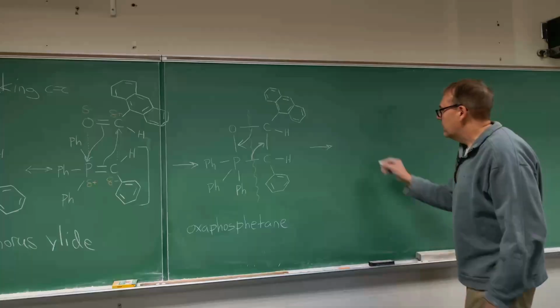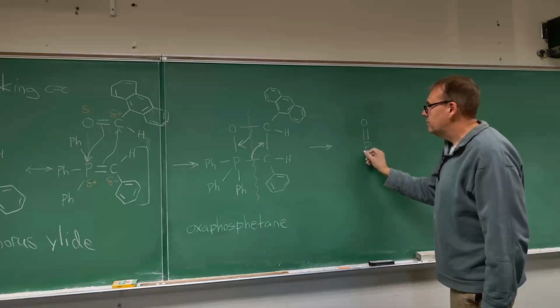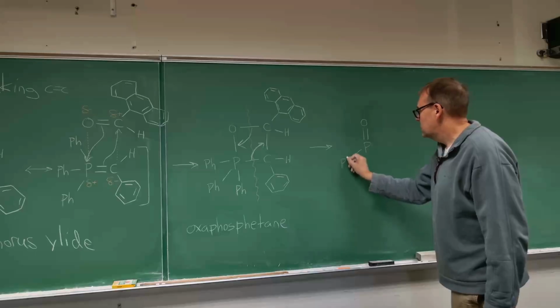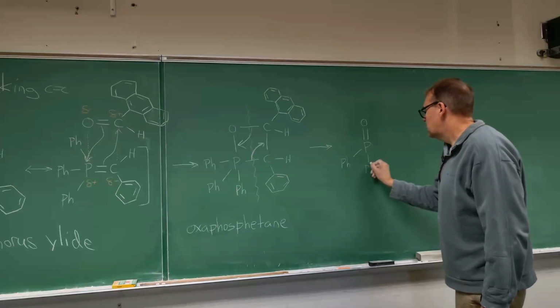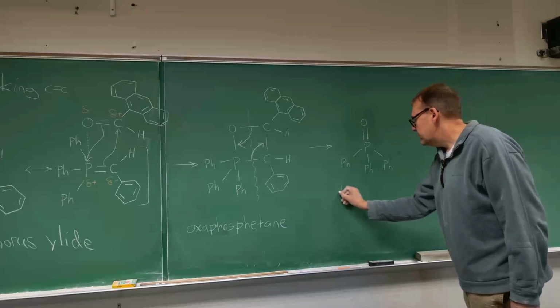And it's going to give us a piece where the phosphorus has a full double bond to oxygen. This molecule is called triphenylphosphine oxide.